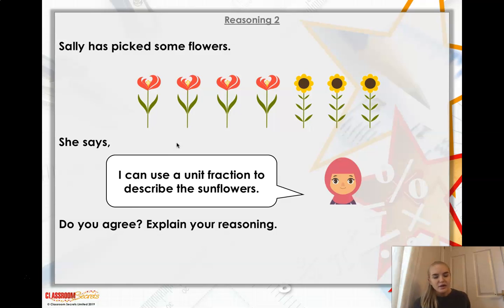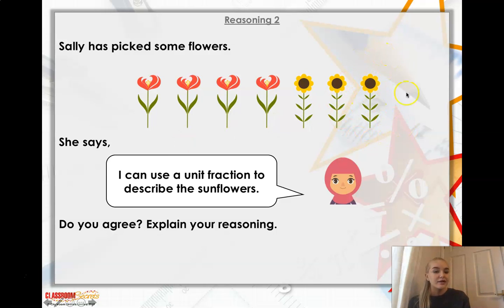First of all, though, I need to understand what a unit fraction is. Year 4, can you remind me what a unit fraction is? That's right, a unit fraction is a fraction where the numerator, my top number, is 1. Now, how many sunflowers do I have? Because now we need to make a fraction, don't we? That's right, I can see I've got 3 sunflowers.